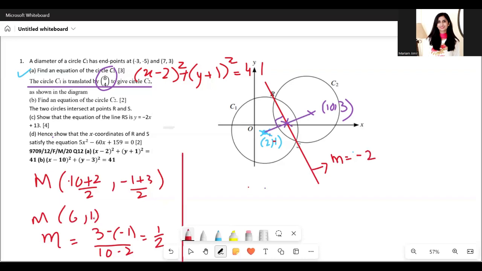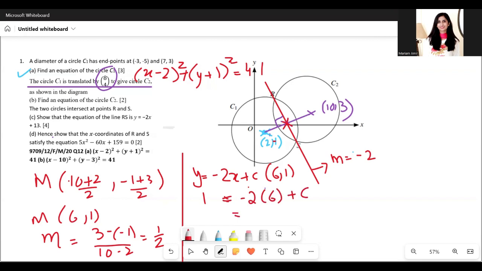So now we have y equals mx plus c. To find c, we're going to use the midpoint we found, (6, 1), which was this coordinate. Okay, so 1 equals negative 2 times 6 plus c.